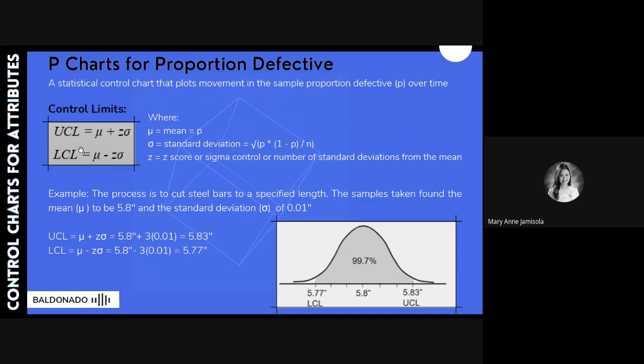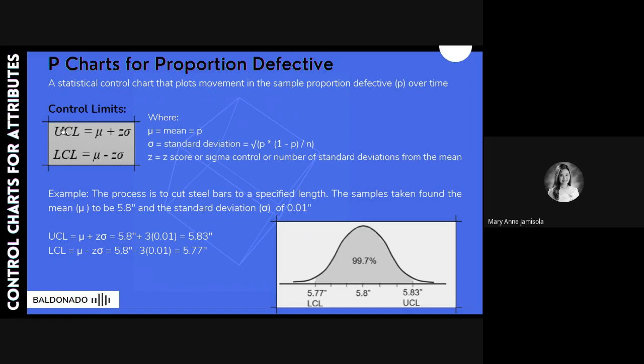So this is the formula to determine the upper control limit and the lower control limit. Remember that in the procedure of using charts, step one is to set the upper control limit and the lower control limit. Now, if you are using the P chart, then this is the formula.